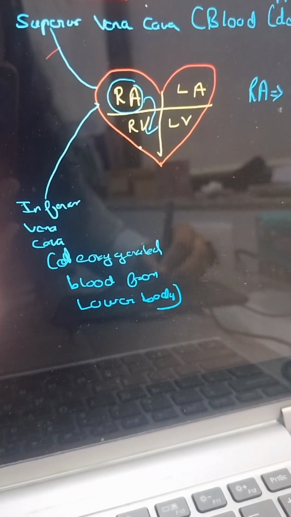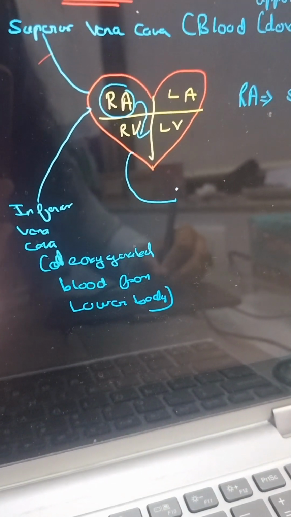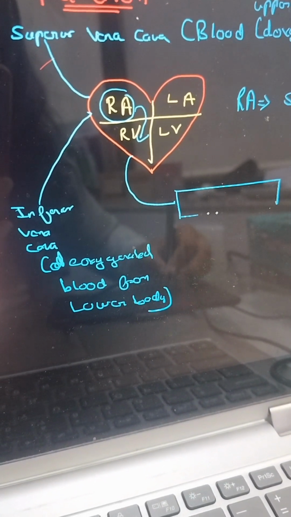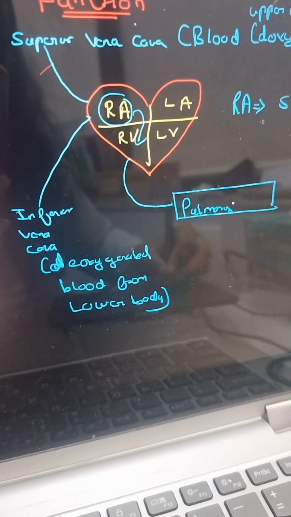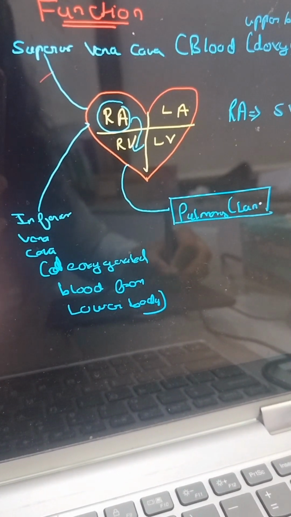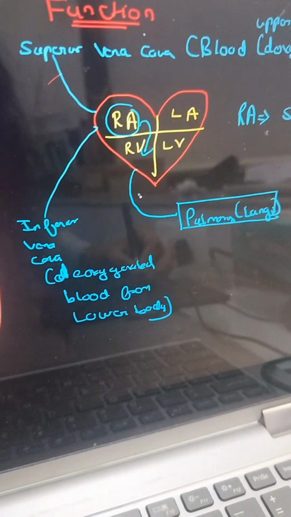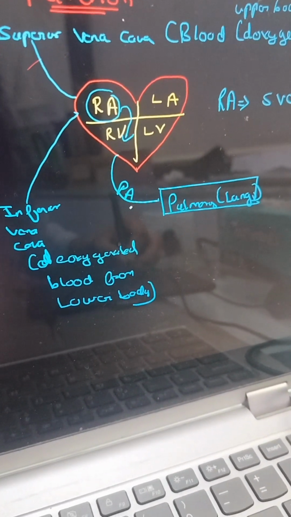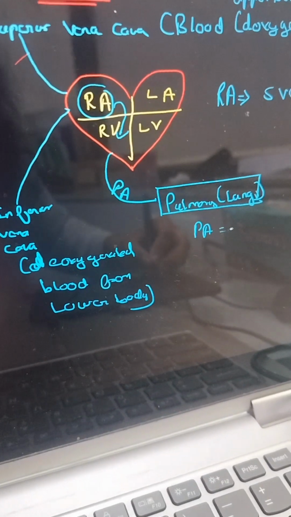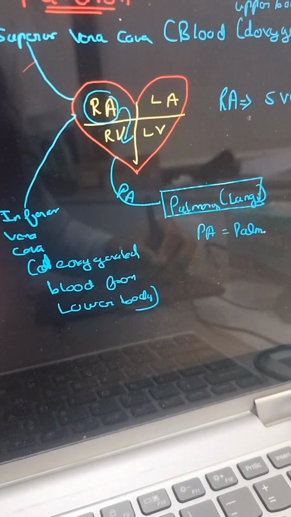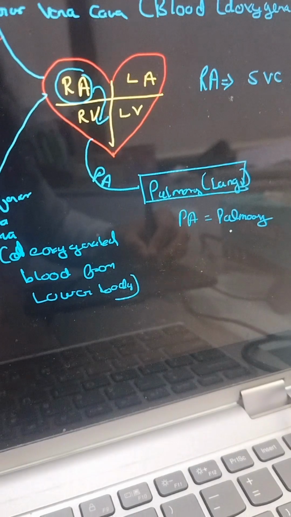Right ventricle is connected to the pulmonary, that is lungs. Okay, this is my PA. PA stands for pulmonary artery.